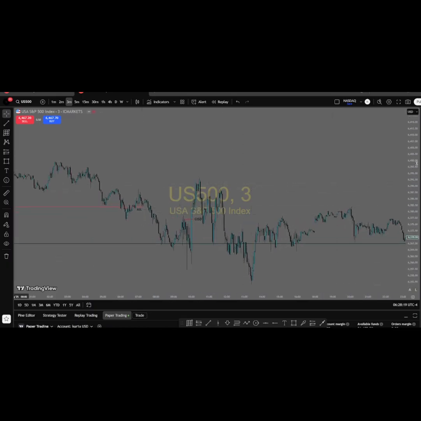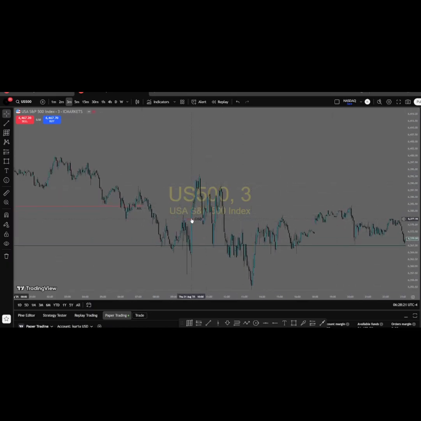So once this occurred, it was a change in state of delivery, and I took one position right here at the open of the next candle, as I have explained how I do it. So my first entry was right here, stop loss on the current daily low, right?